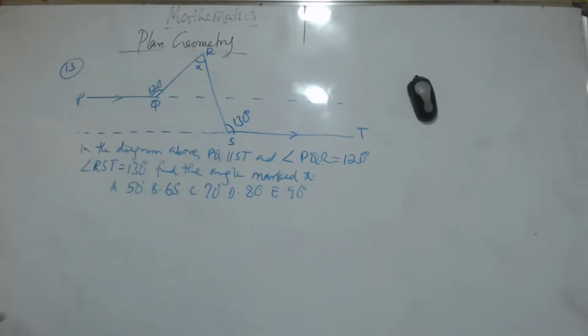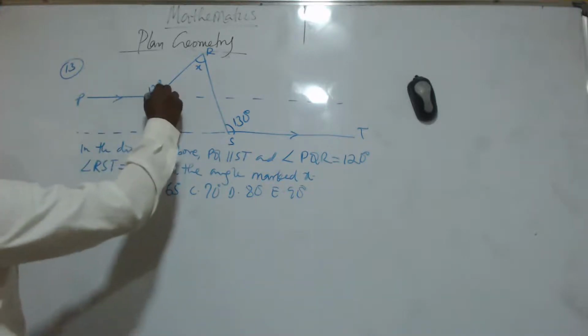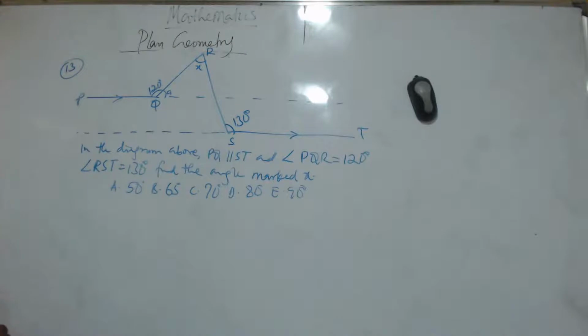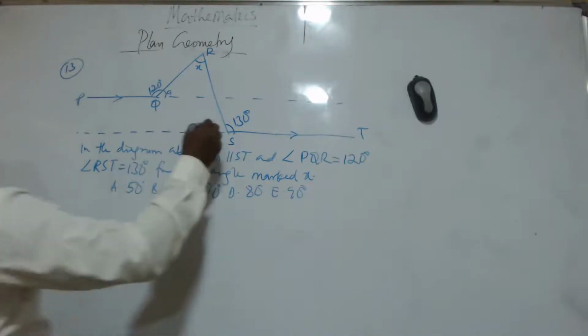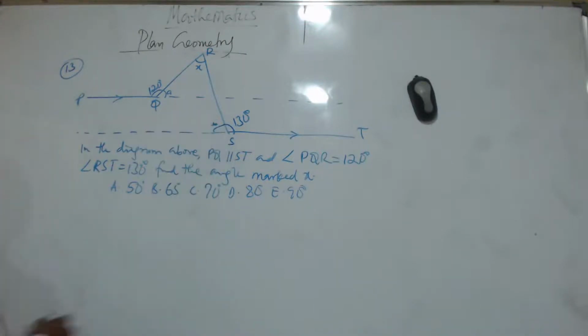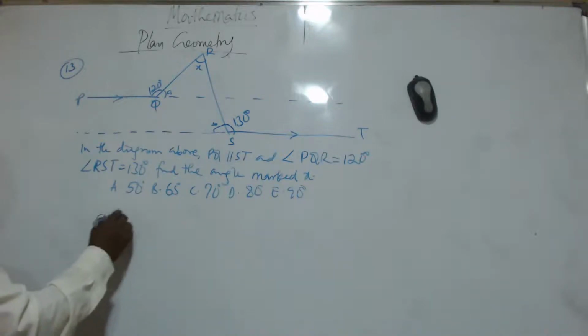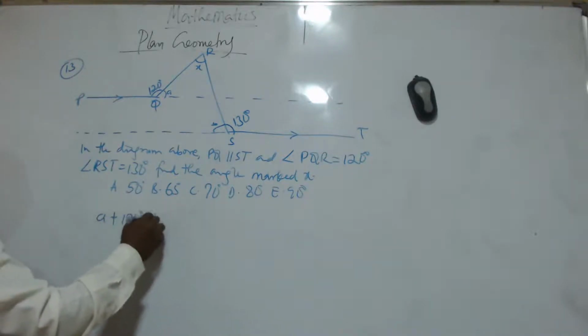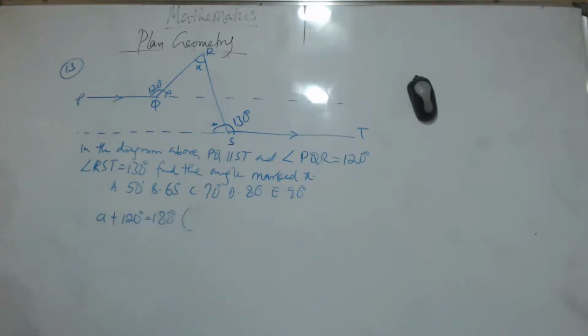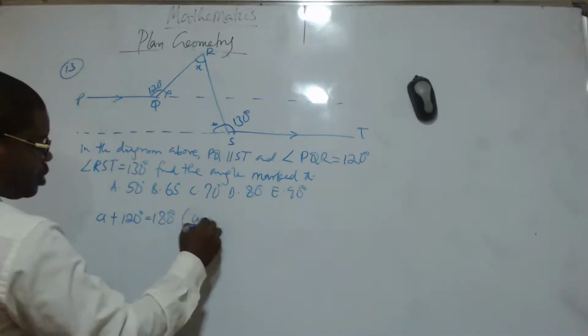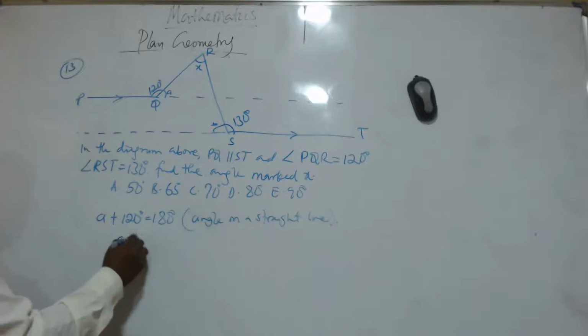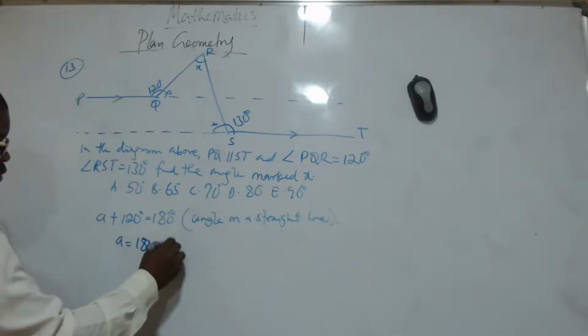How do we go about this? Now, name this angle here A. Name this angle here B. So you have A plus 120 degree equal to 180 degree. Reason: angle on a straight line is 180, so 180 minus 120 degree.